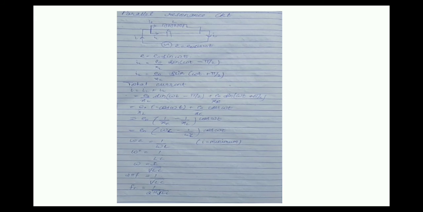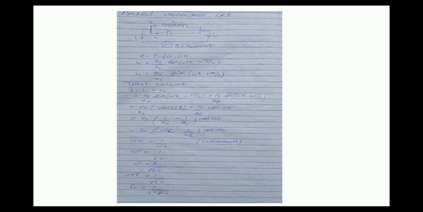Now, talking about the parallel resonance circuit. In a parallel resonance circuit, in an AC circuit, there is a parallel combination of an inductor and a capacitor which is connected to a source of alternating EMF. The alternating EMF supplied by the source is E equals E0 sine omega t.